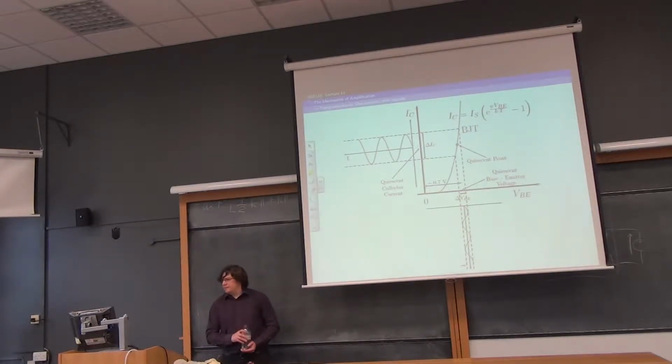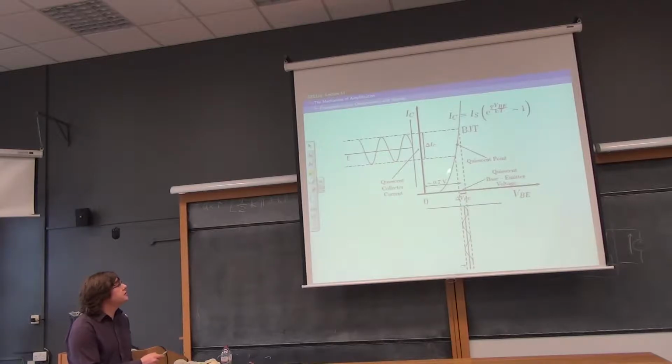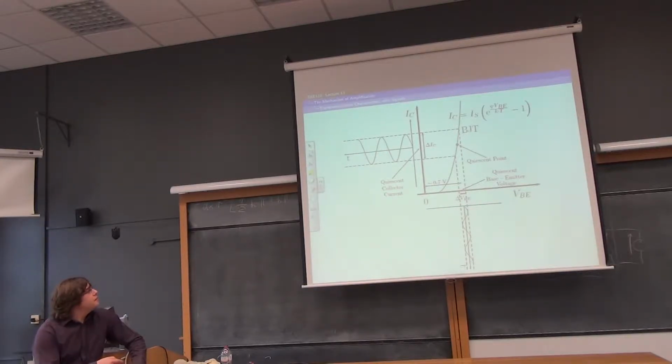So this is my best attempt at how an amplifier works in graphical form. And what we have is our transconductance characteristic. So this is our input parameter, and this is our output parameter. I said earlier, it would be voltage input, current output. So we've got volts in, amps out, and what we have is a constant value of VBE, which is the average of this sine wave.